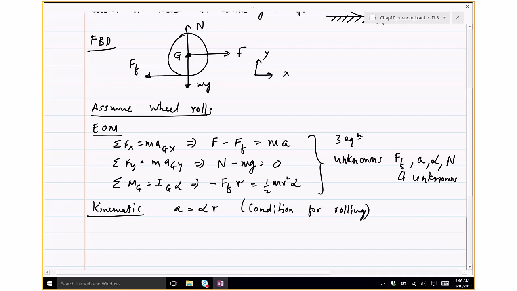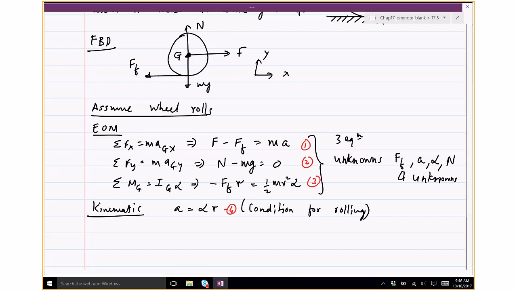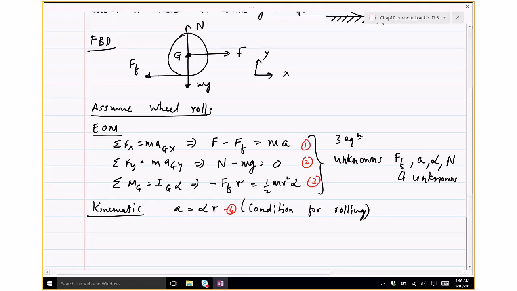So now I have 4 equations, 4 unknowns. I'm going to skip how I solve for it, but you can clearly solve for the 4 unknowns.